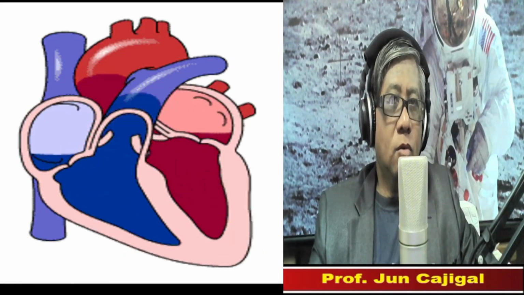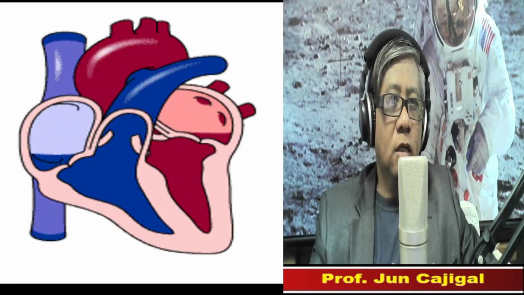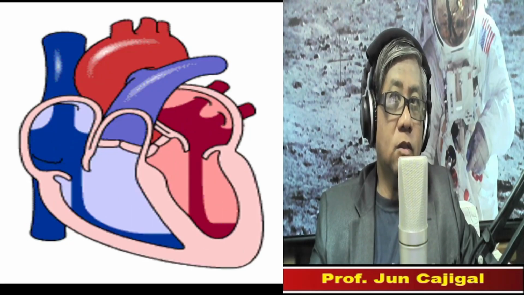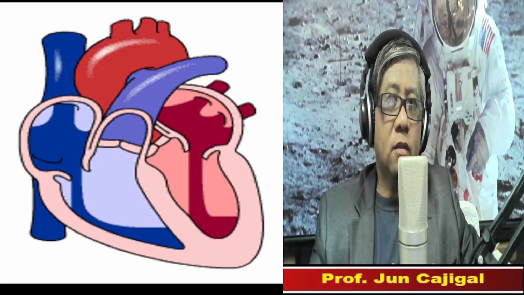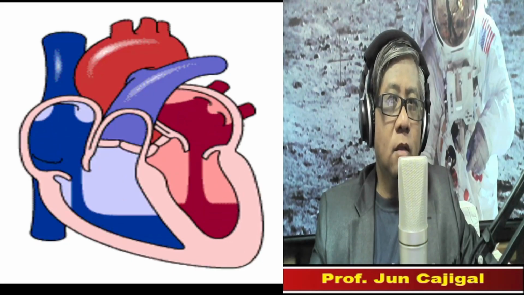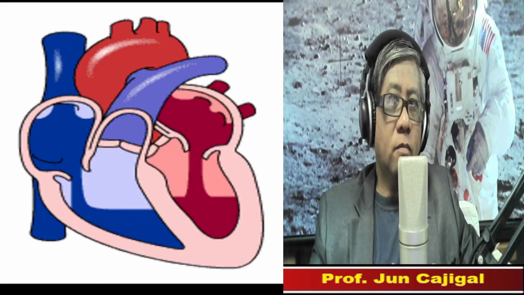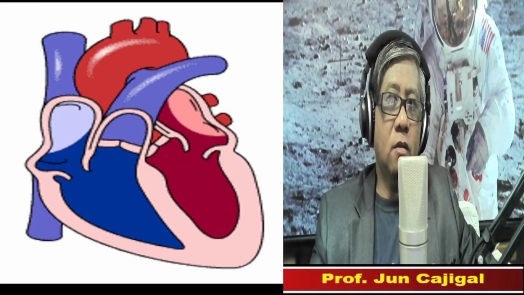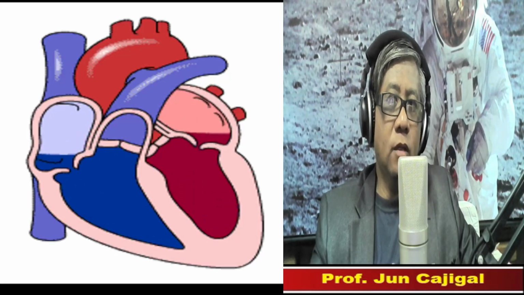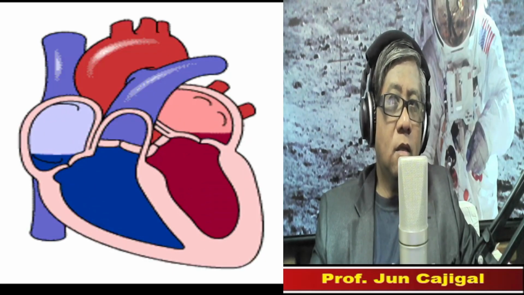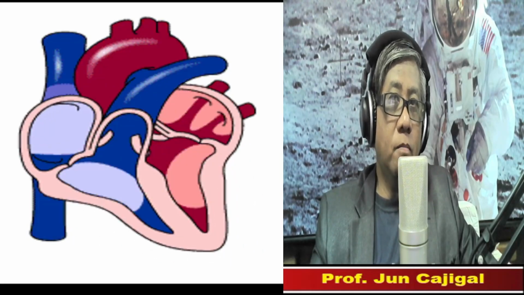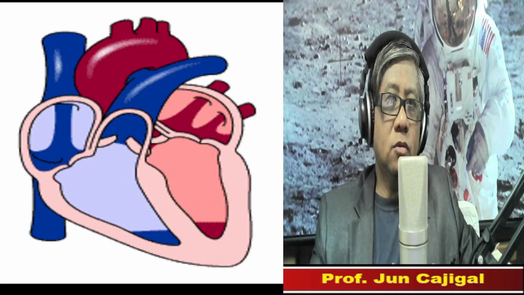If you take a look at this animation, the blood rich in carbon dioxide, or deoxygenated blood, represented by the blue fluid, is on the right side of the heart. And the blood rich in oxygen, or oxygenated blood, flows through the left side of the heart, represented by the red fluid.